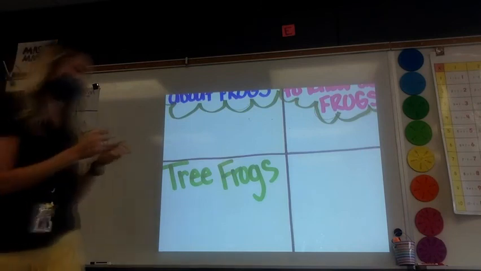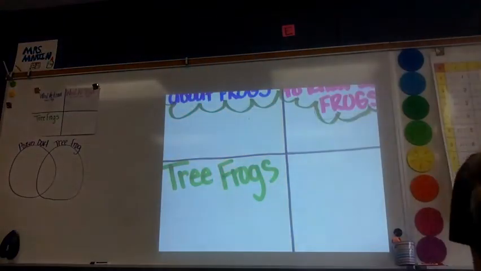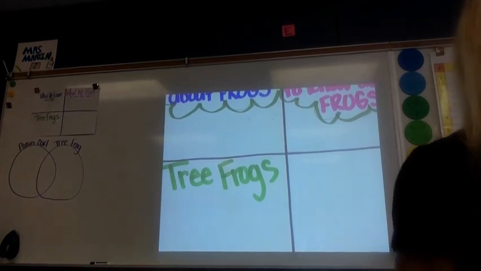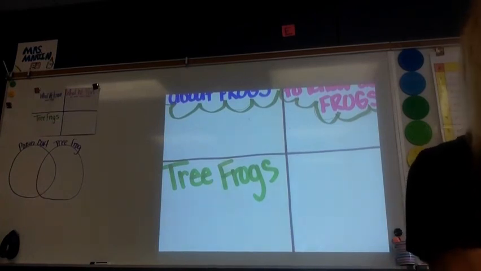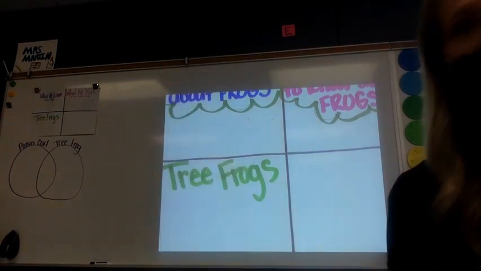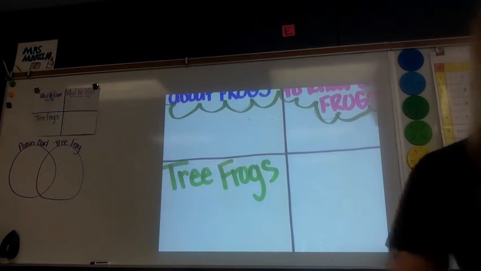We're going to be learning about both today, so we'll think about tree frogs to start. Once you have tree frogs written, you're going to need your pencil out because we're going to have stop and writing times today. But you also now need your reader out. Go ahead and get out your reader and open up to the table of contents.